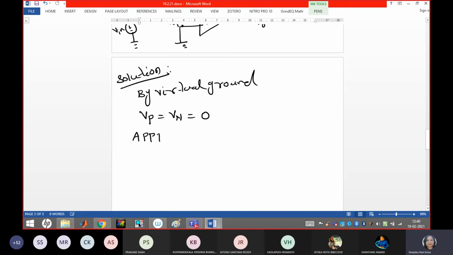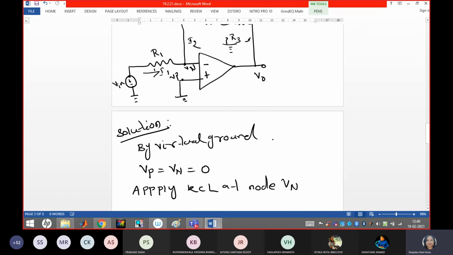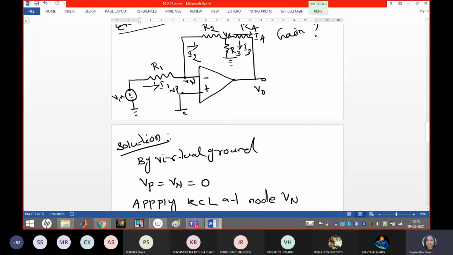So apply KCL at node Vn, guys. You watch your circuit. So here only we may apply the KCL, right? This is our Vn node. If I apply the KCL with respect to this Vn node, which two parameters can be equated? I1 and I2, right? I1 equal to I2. What is the value of I1, guys? Vin minus Vn divided by R1. Similarly, what is I2? Here minus Vx by R2.